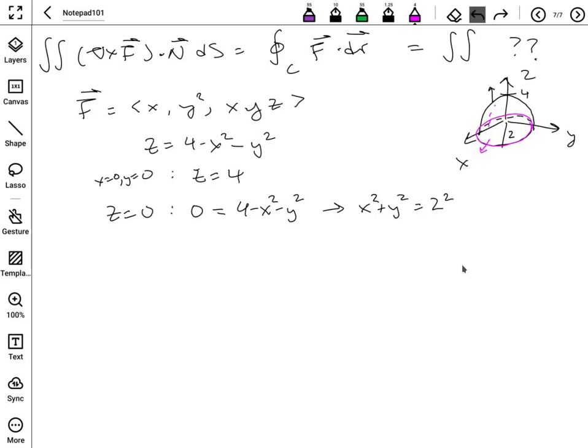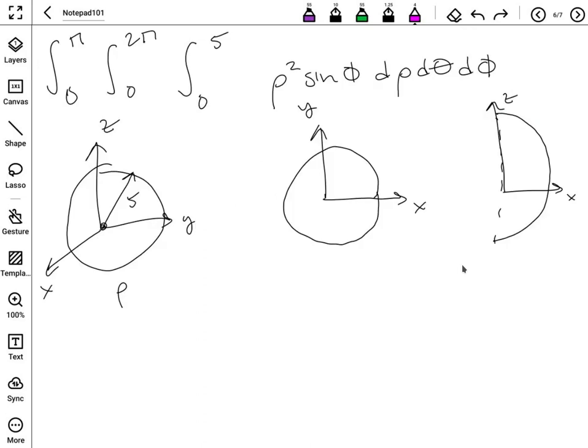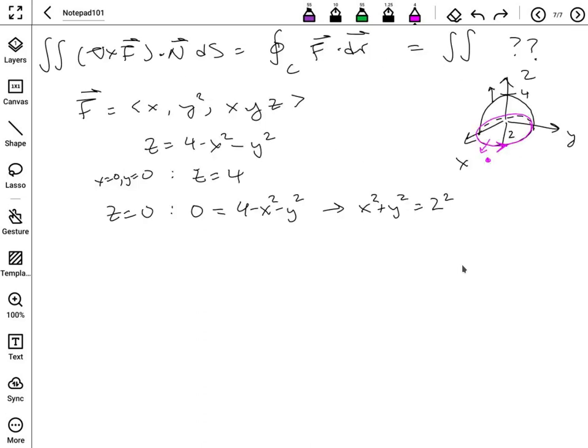I know that the orientation of this curve by the right-hand rule would be in this direction. Imagine putting your hand so your thumb is pointing out of the curve. Then my palm has to open up in the direction of the arrow I drew right here.